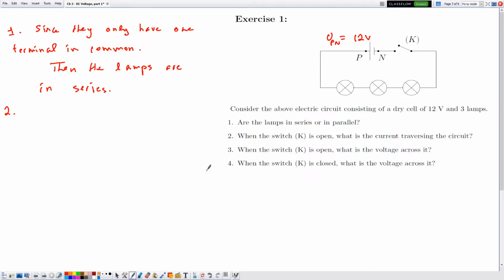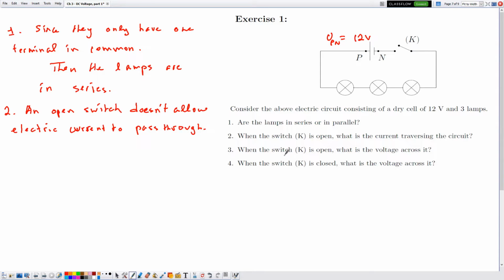We all know that an open switch doesn't allow electric current to pass through, and they are asking me about the value of the current.